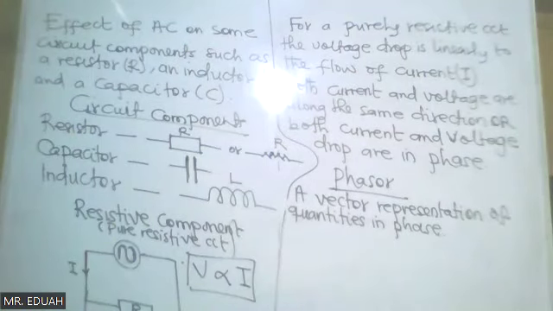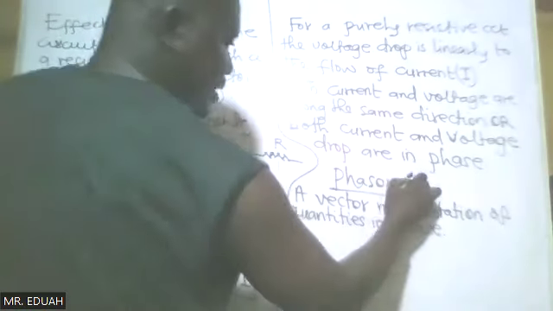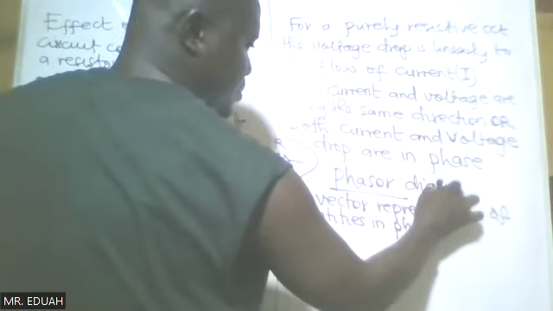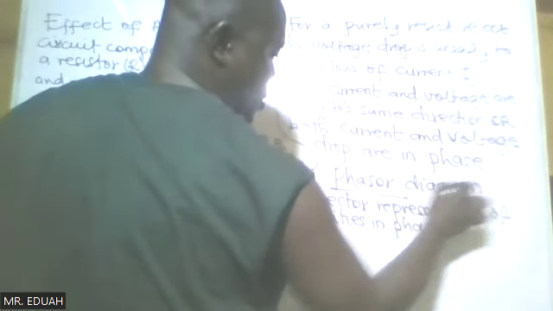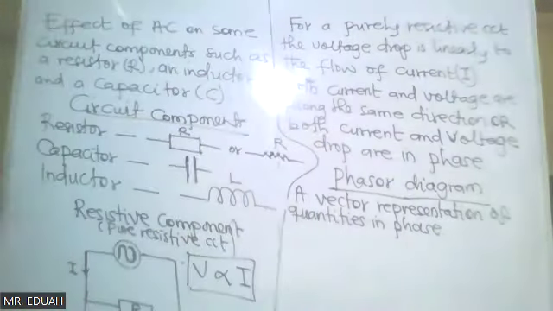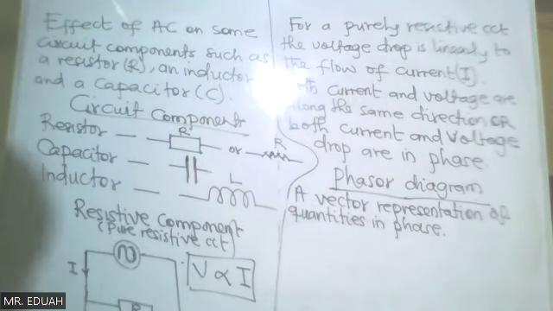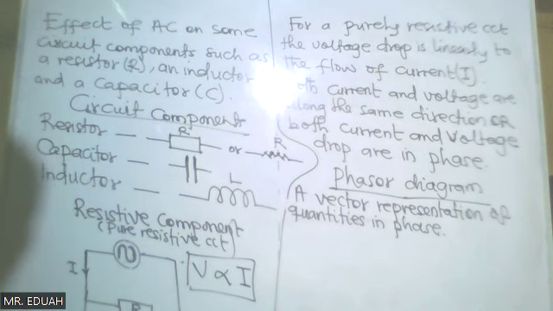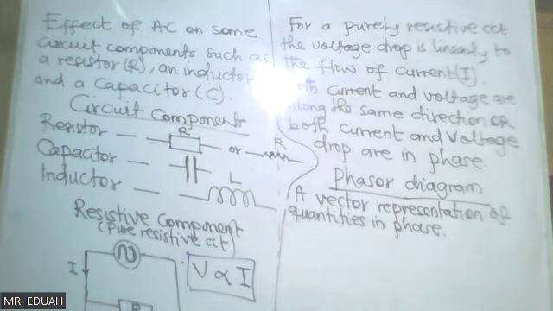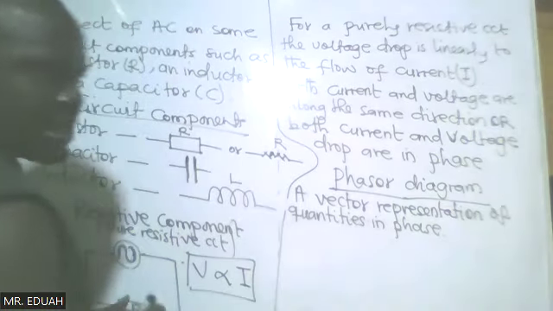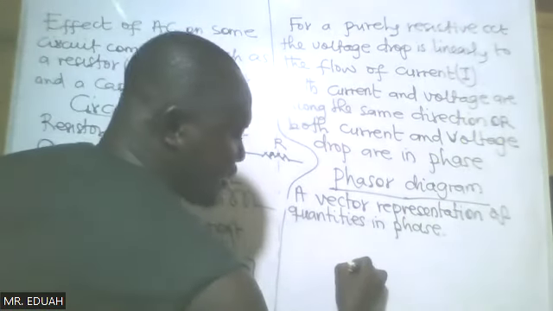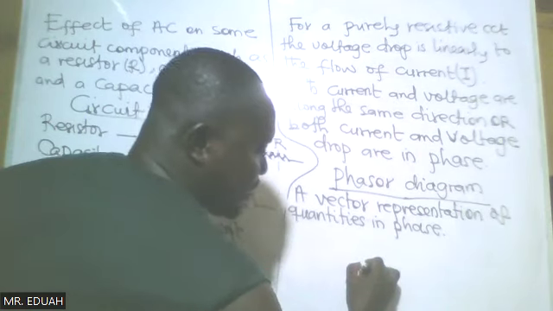That is what we mean by phasor diagram. A vector representation of quantities in phase. And here we are talking about the quantities voltage and current. For purely resistive circuits, the voltage is in phase with the current, so you draw the direction of the current.